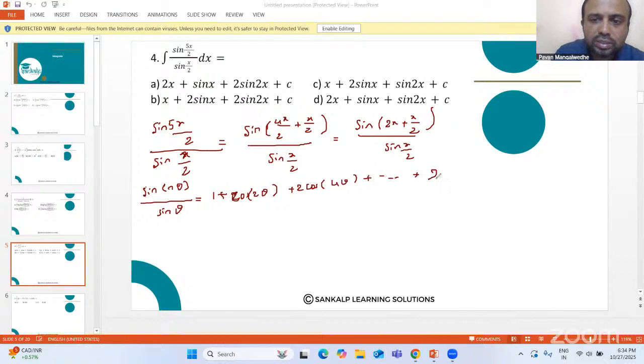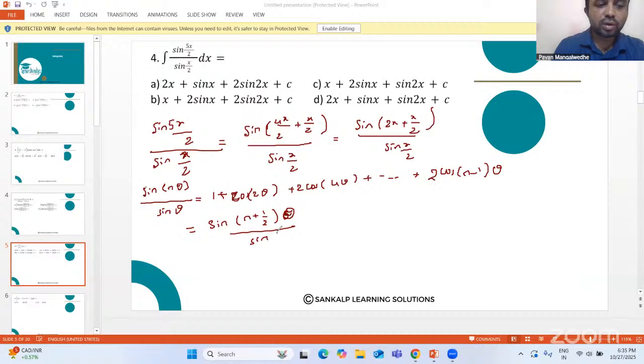The general form is 2 cos of (n minus 1) theta. This is the general form. Now we can expand sine of (n plus half) theta upon sine of theta by 2, in the form of sine of theta by 2.